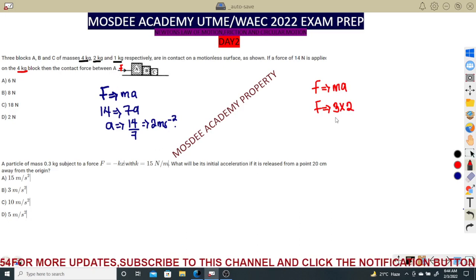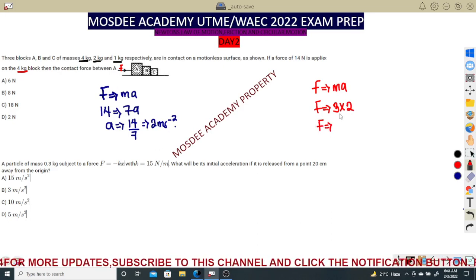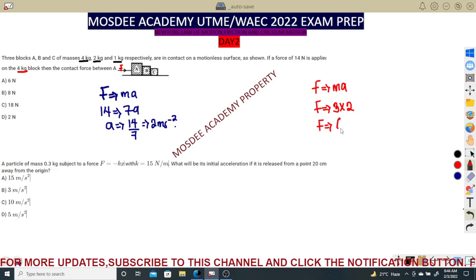So the contact force is now equal to 3 times 2, and that will give you 6 Newton.